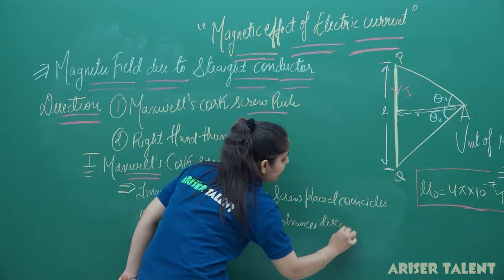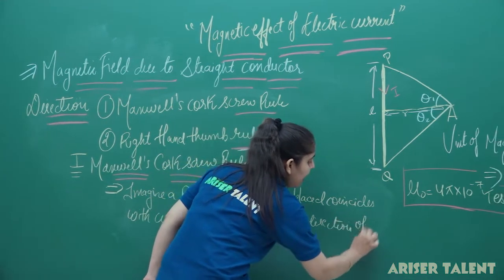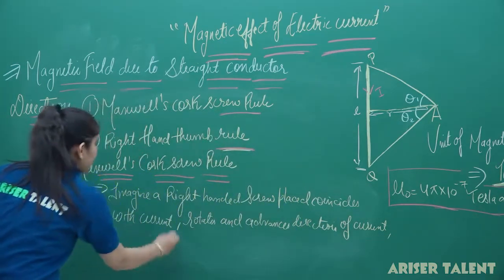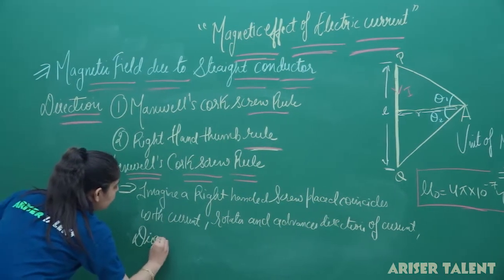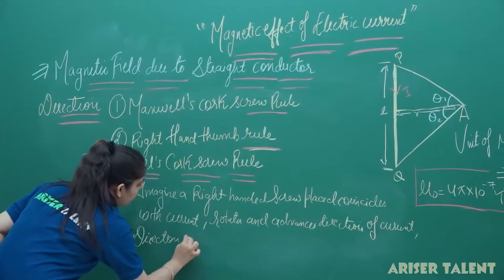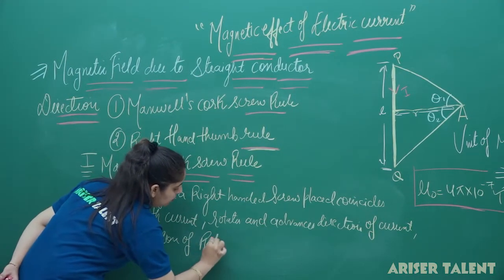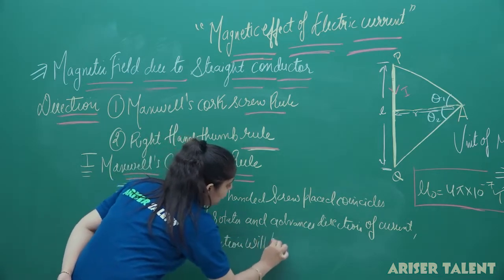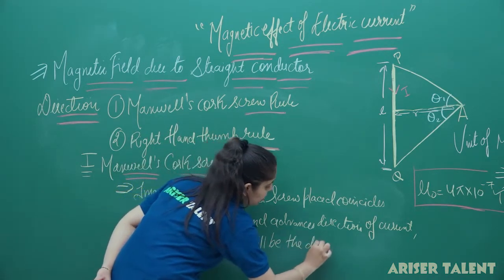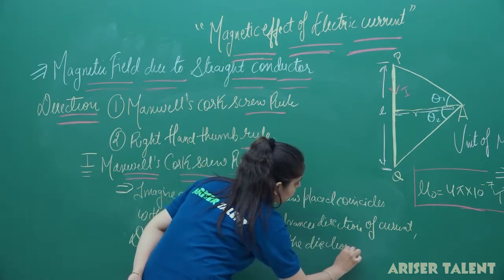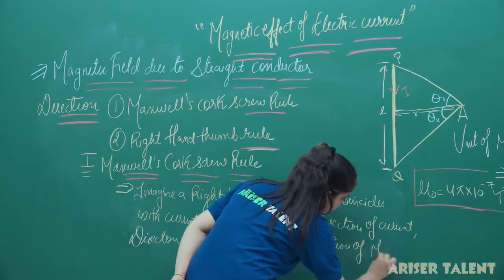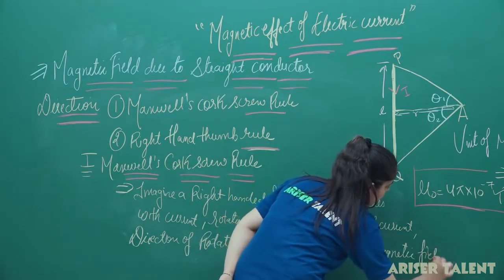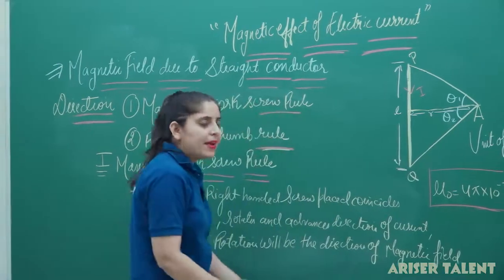If it is advancing in the direction of current, then the direction of rotation will be the direction of the magnetic field. So this will give us the direction of the magnetic field.